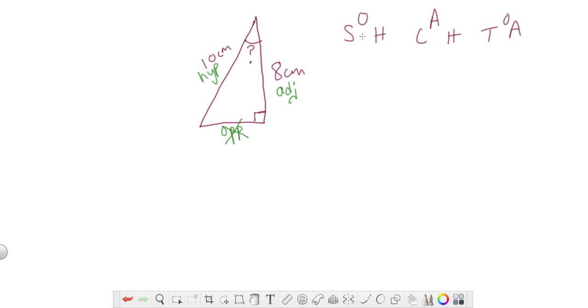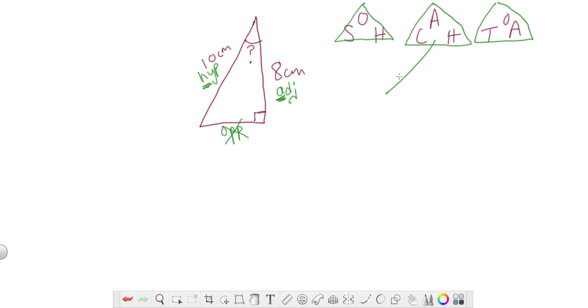So now, there are three triangles here, remember? We need to find out which triangle, first, second, or third, has the words adjacent and hypotenuse, the A and the H. Well, there it is, A and the H, right there.